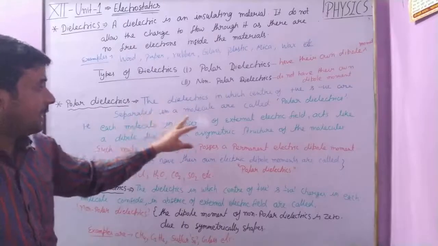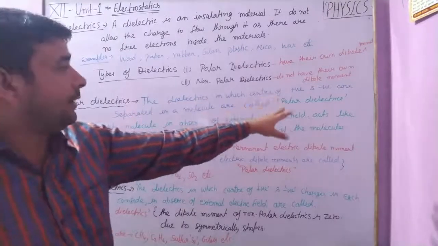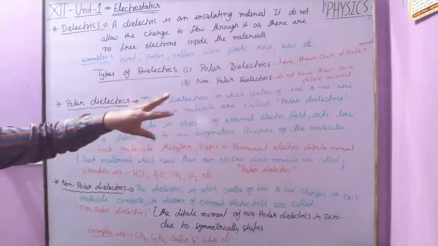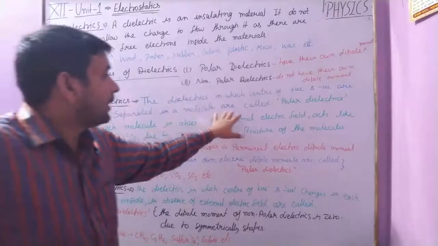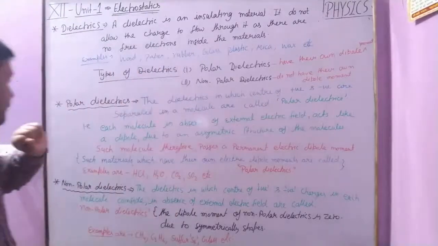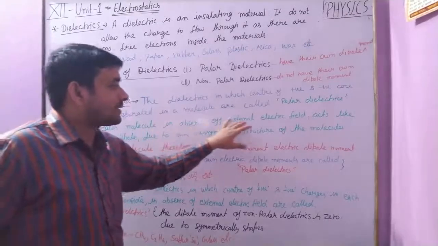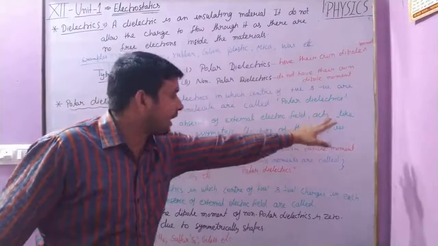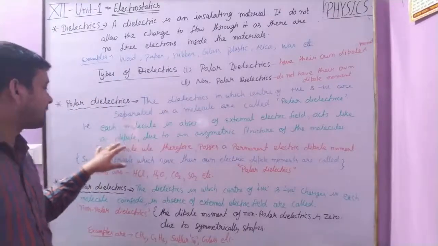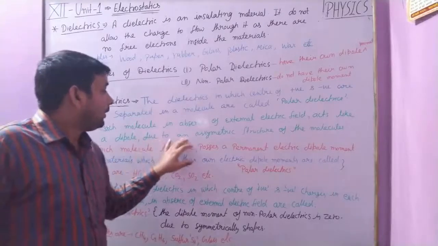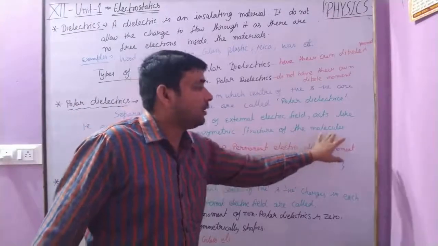Polar dielectrics are the dielectrics in which the centers of the positive and negative charges are separated in a molecule. That is, each molecule in the absence of an external electric field acts as an electric dipole due to the asymmetric structure of the molecule.